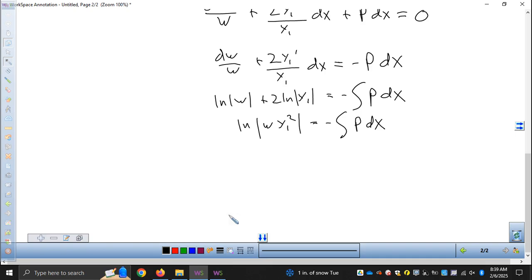I'm going to exponentiate both sides, e to the power of this, e to the power of this, and I'm going to drop the absolute value here. I get w y1 squared equals, and I get a constant of integration here, so this becomes c1 e to the negative integral of p dx.